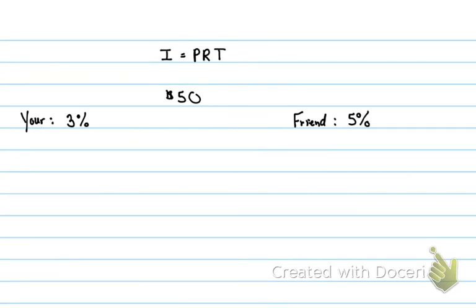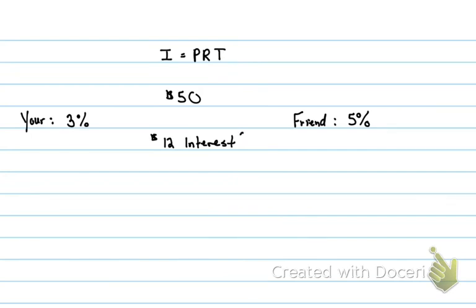So what we want to know, let me make sure I didn't forget any information. We need the interest. Yes. How long does it take for each of you to earn $12 in interest?